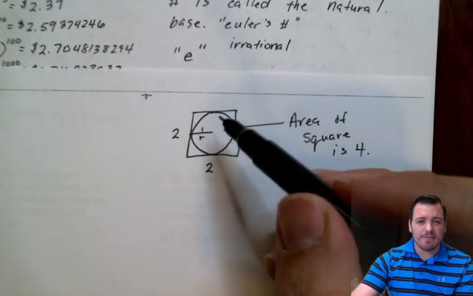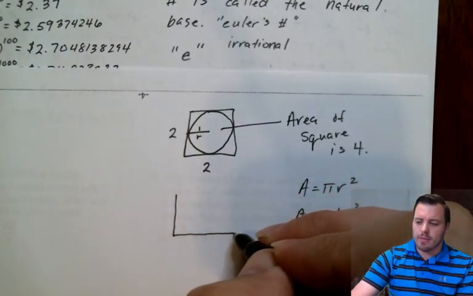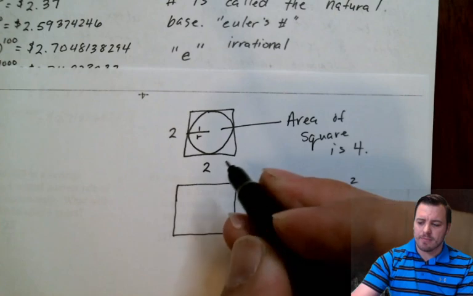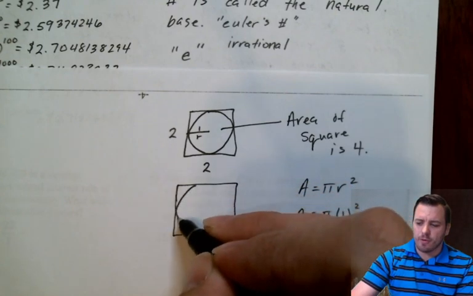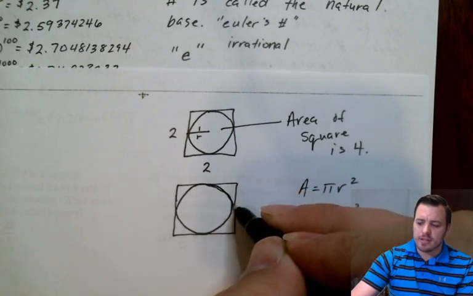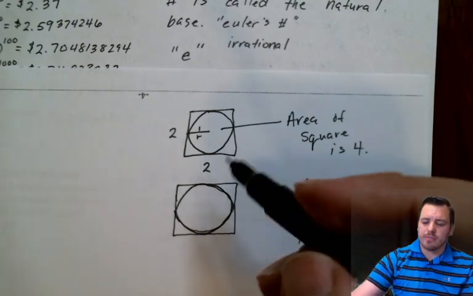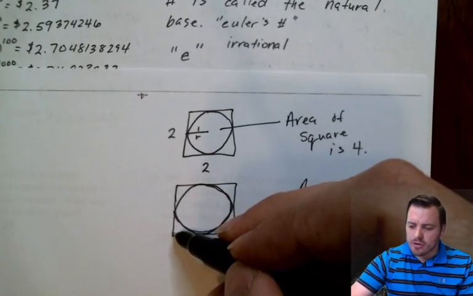So where that came from, just like this example, you may be saying, well, where did pi come from? How did they figure out 3.14? Because with calculus, you can determine the area under a curve.